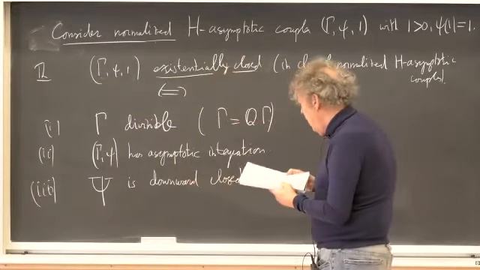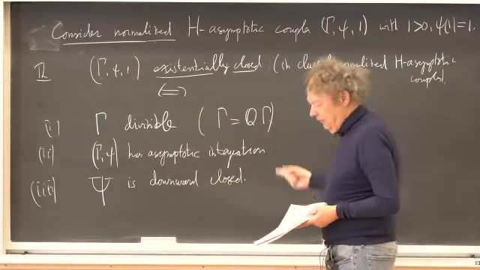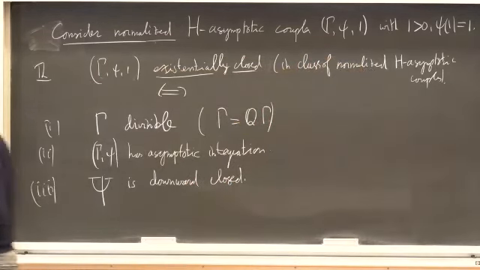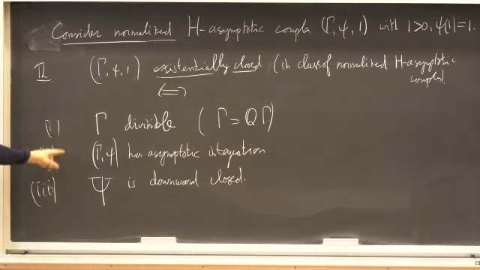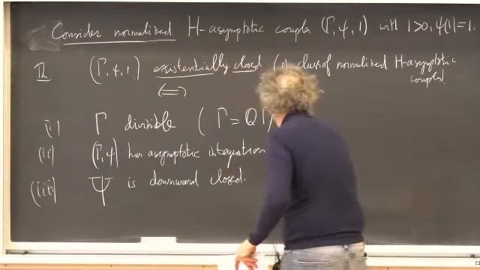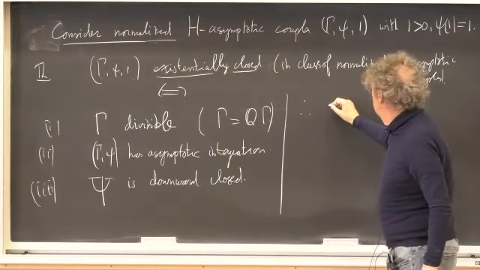Right. And so in other words, for those who are familiar with this notion, the theory of normalized H asymptotic couples has a model companion, and the models of the model companion are the ones that satisfy these three conditions. Yeah. So let me say that here.